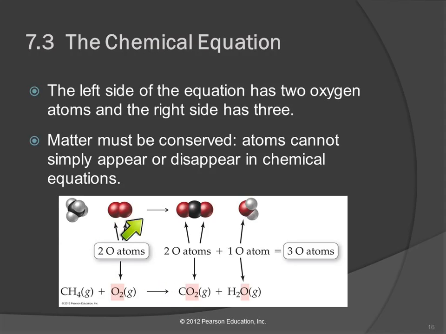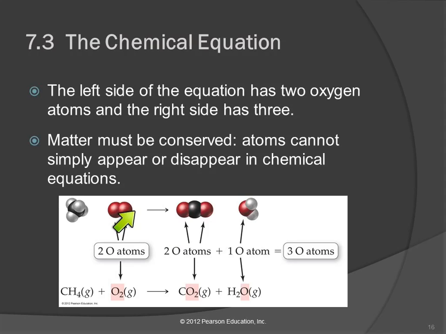And then those are going to rearrange and recombine to form carbon dioxide and water. So here's what a carbon dioxide molecule would look like, and here's what a water molecule would look like. Now, if you had these actual models in your hand, could you take these two apart and make them into this?